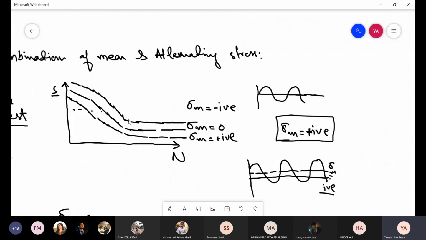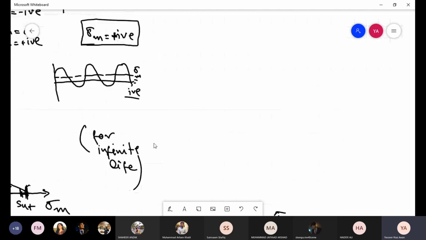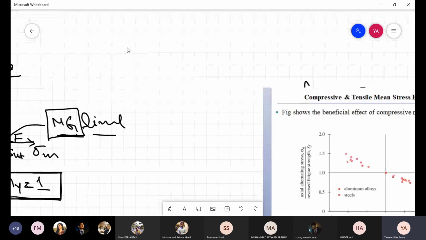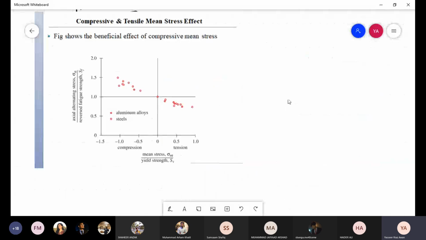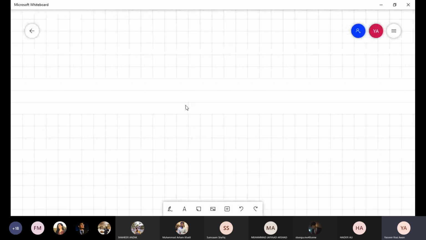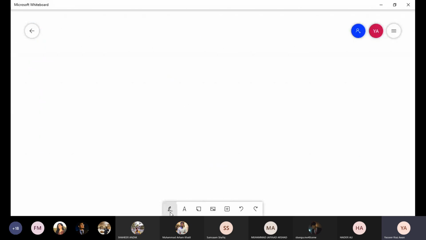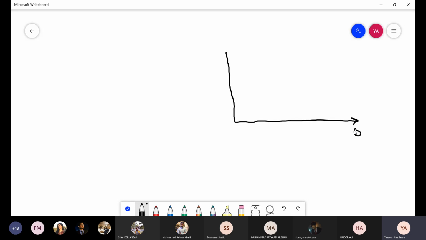And that is actually verified by experiments, that when you have negative mean stress, the life of the part improves. But the convention is to be on the conservative side. We ignore this positive effect.